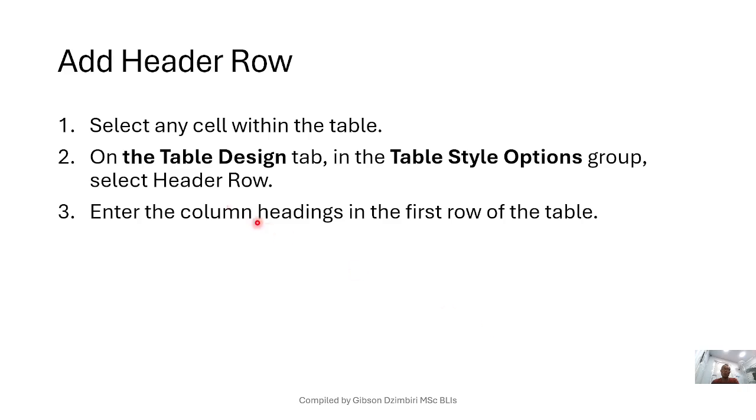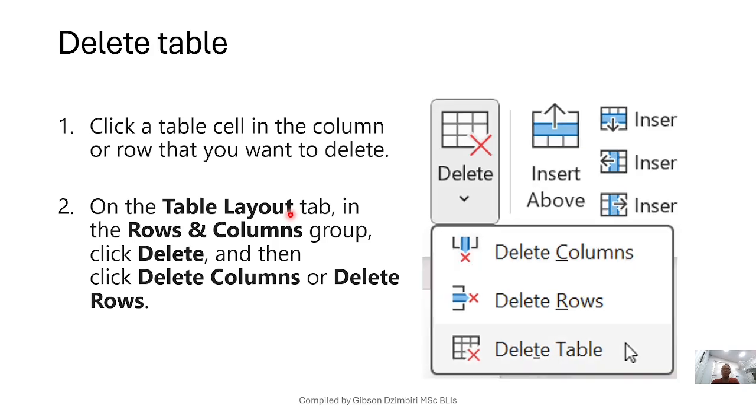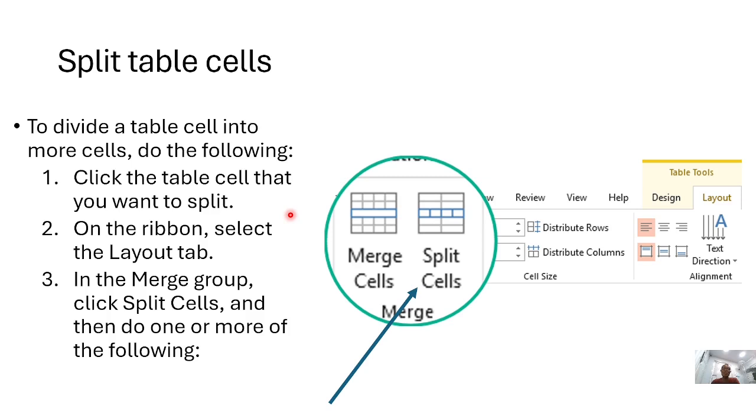For the options, you go to the table design and you get all the tools that you want to use. You can delete a row or a column, just the way we do it in Excel. You can also merge cells, as you do it in Word. You can also split the table cells by following the instructions given.